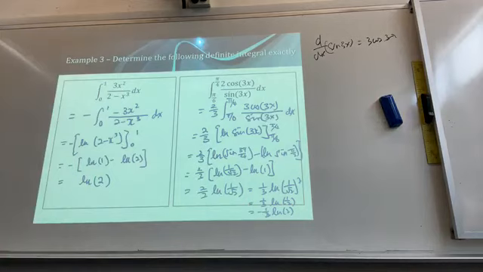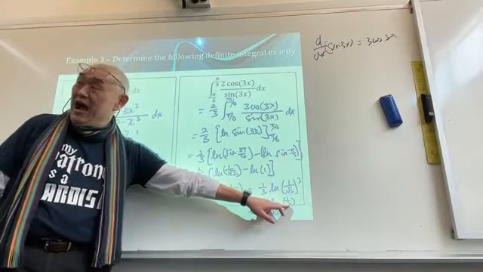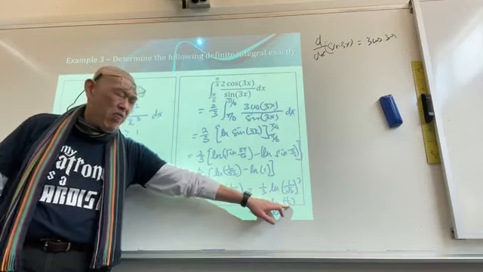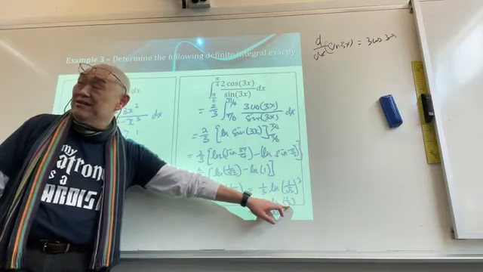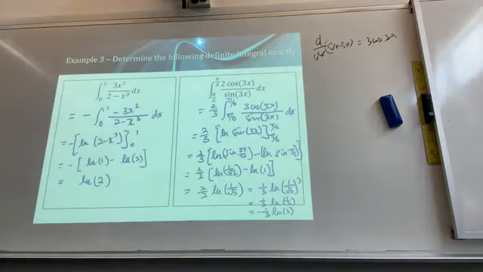What I've done is I changed the half into 2 to the power of minus 1. So I take the minus 1 out, it became minus 1/3. You just do the power rule.